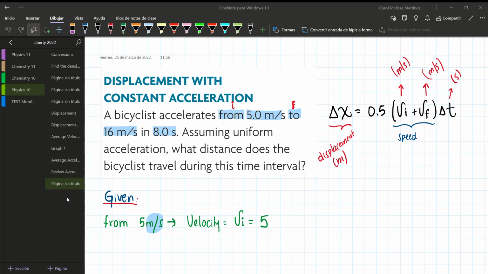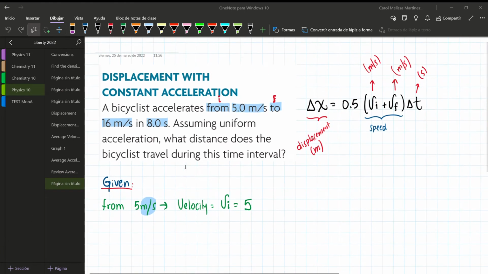Okay, so we were saying about the givens. From 5 meters per second is telling me that I have a velocity, and the word from is a keyword that represents initial something. So this part of the problem, from 5 meters per second, is my initial velocity. And then it says to 16 meters per second.